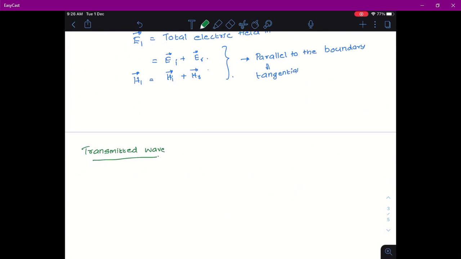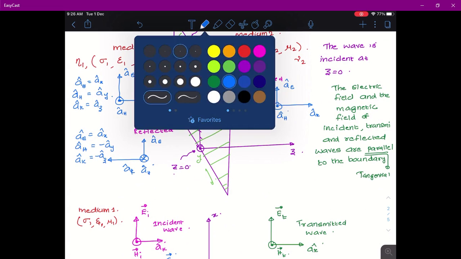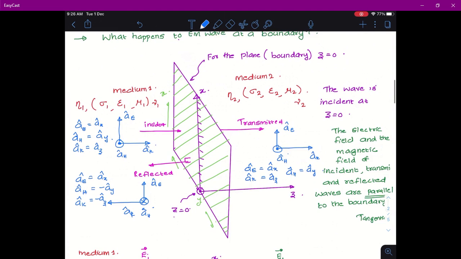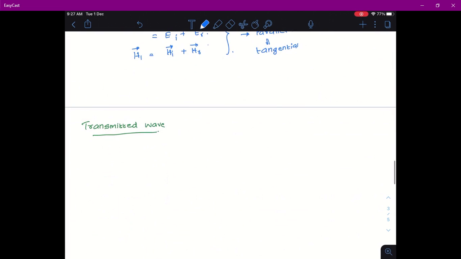In the case of the transmitted wave, you see AE cap is along positive x, AK cap is along positive z, and AH cap is along positive y. So I can write a similar equation to that of the incident wave.